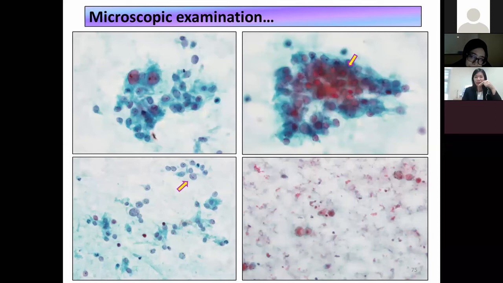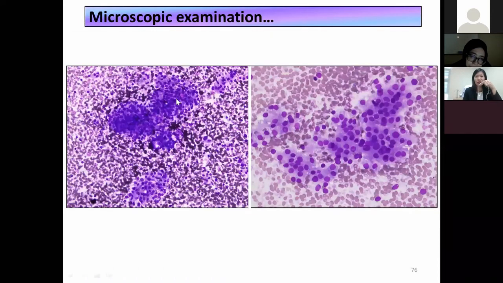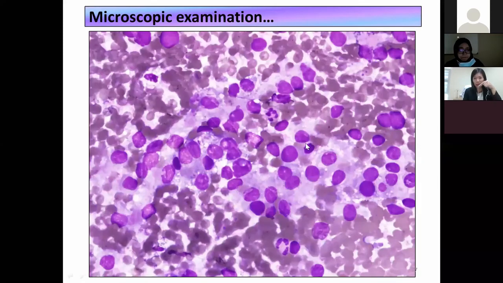In areas in MGG, it shows nuclear crowding and overlapping. But in this area, the cells are not very irregular, they're quite round. And in MGG, in this field, you can appreciate the presence of intranuclear pseudo-inclusions.